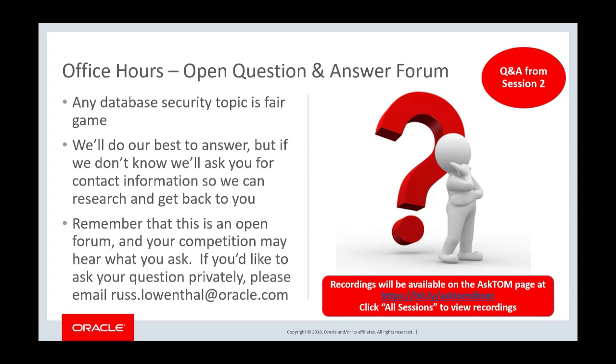Russ, with the Audit Vault, when you unpair, is there a future enhancement to be able to repair the two to kind of like pick up from where it left off? There's not right now, Jim. As I think you're aware, we're doing a lot of work with Key Vault around that, how the high availability works.